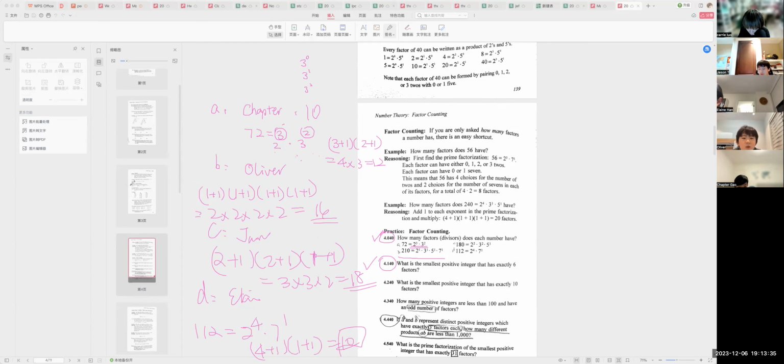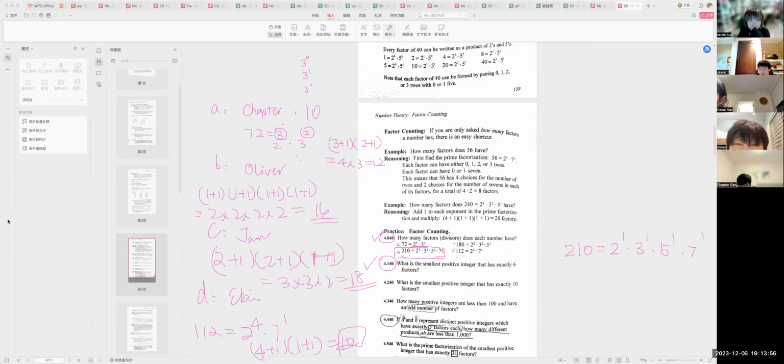But 12 is 2 squared times 3. No, we're talking about this question. So 210 equals 2 power 1 times 3 power 1 times 5 power 1. I thought it was the next question. No, we're talking about this one, A, B, C, D.